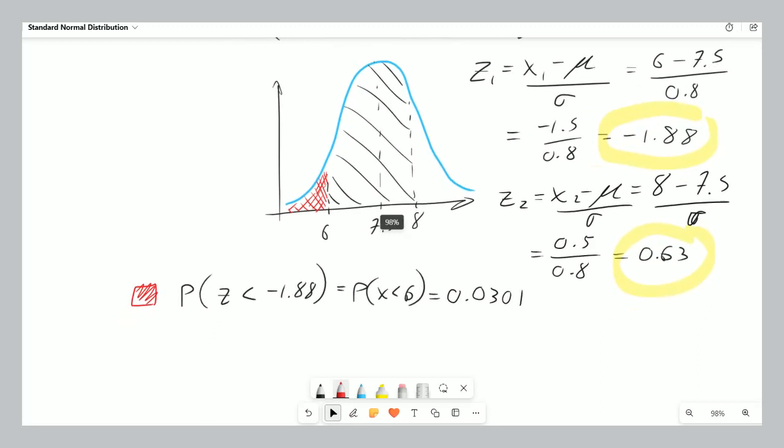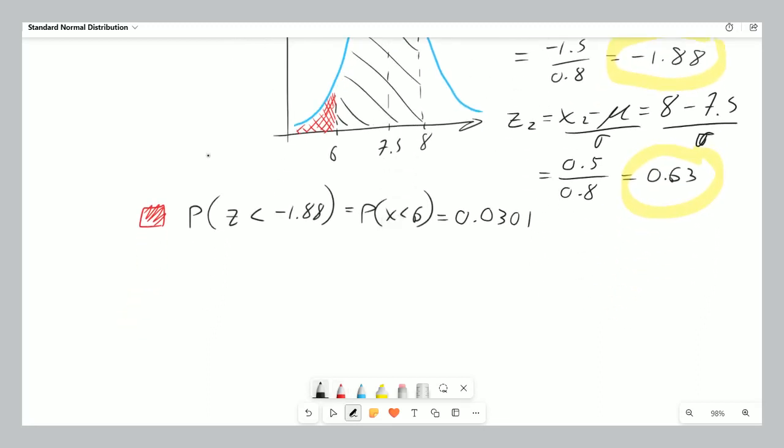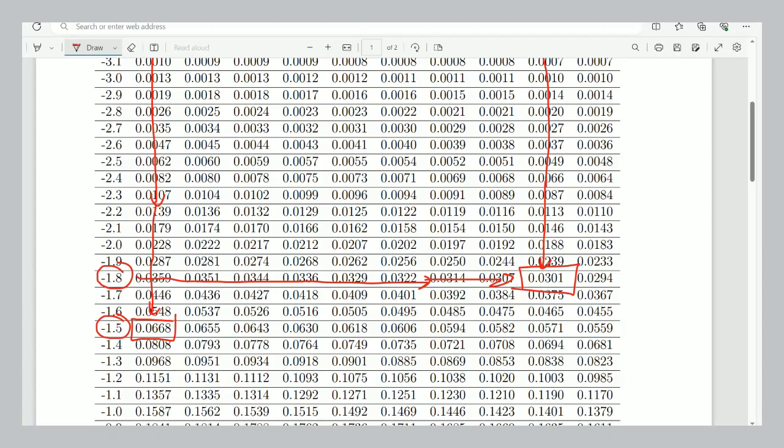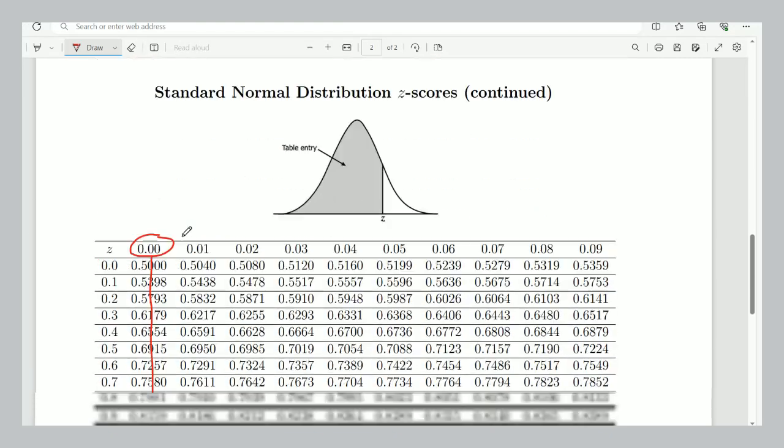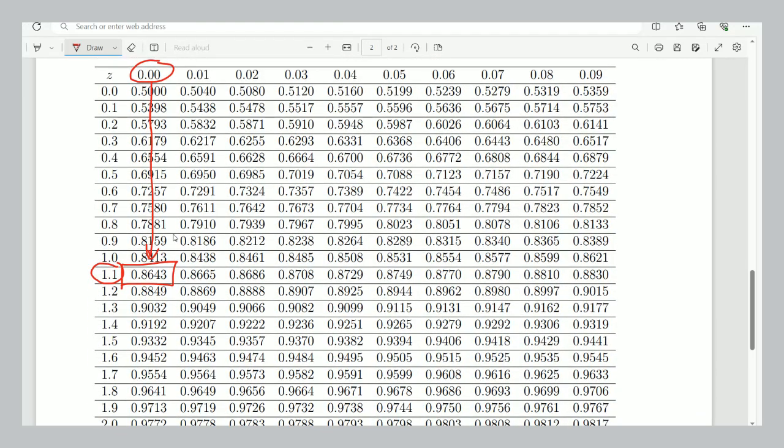Now if we look up our second Z value, the probability of Z being less than 0.63, which is the same as the probability of X being less than 8. Well, what does that give us? Let's look up 0.63 on the Z table. So there's 0.6. There's our second decimal point, 3. So we match those up.